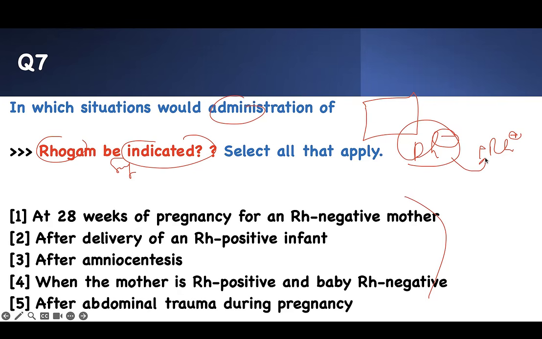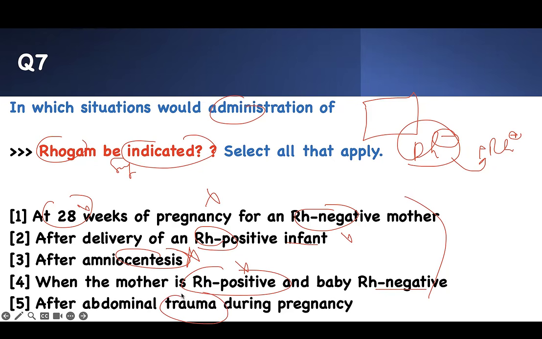And therefore, if you are RH negative at 28 weeks, we don't want you to get antibodies, so we give it to you. It's given at 28 weeks. If you deliver an RH positive baby, we have to give it to you. If you have amniocentesis, we are exposing the baby's blood onto you. We're going to give it to you as a precaution. When you are RH positive, I don't worry about you anymore. It does not matter whether your baby is RH negative or positive, because you're already RH positive, I'm good.